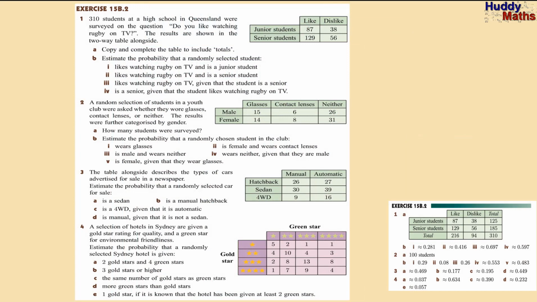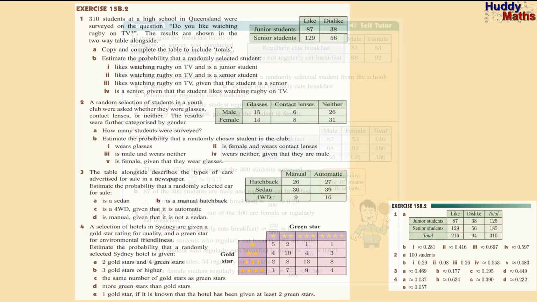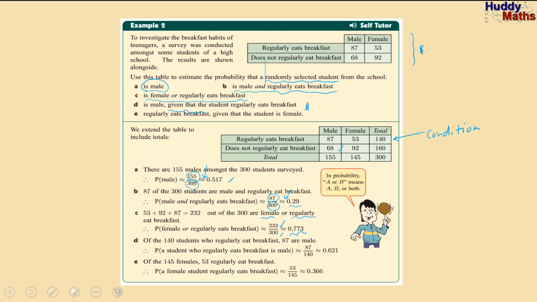Hang on, we've got to go back. Of a student being a male. Let's come back a bit. Okay. What's the probability of a student being a male given that that condition is applied, regularly eats breakfast? So how many? 87 males out of 140.